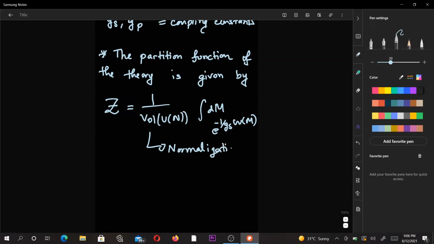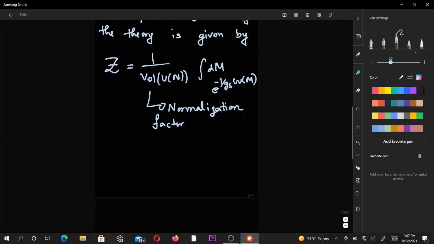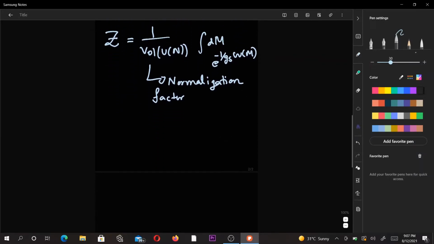This is sort of like the normalization factor, and for those with some familiarity with quantum field theory, in physics it's written as the volume of a gauge group. For us it is just a normalization factor, and I'll show how we get this factor.